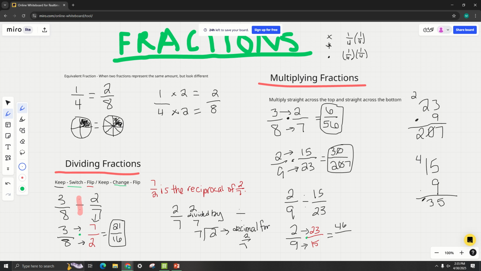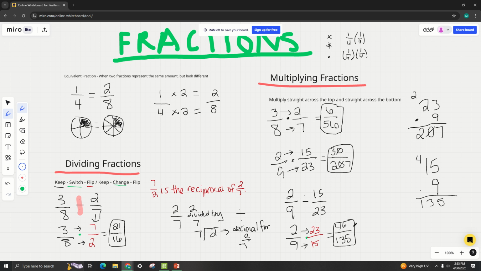I don't have anything else to carry over, so I place my 13 next to my 5. And now I know 15 times 9 is 135. So I can place that as the denominator for my answer. And again, we're just going to leave this as is. We're just looking at the process of dividing fractions using keep, switch, flip, keep, change, flip, whatever you prefer.